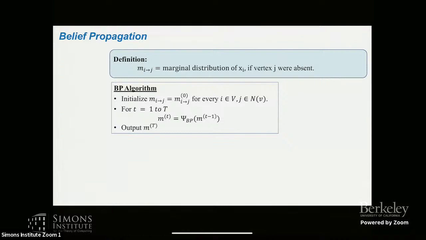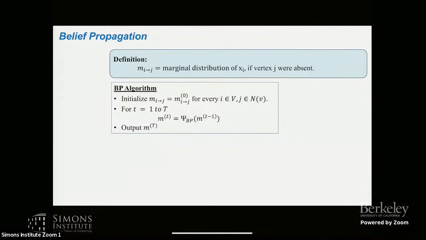So what we do is, you have messages on every edge in both directions on a graph, and you initialize these messages to some value. We'll come to that later. And then after you initialize, you just keep running the BP update rule again. Questions on this?